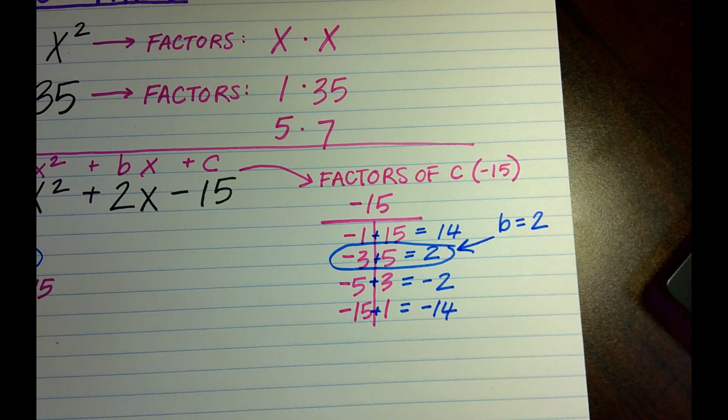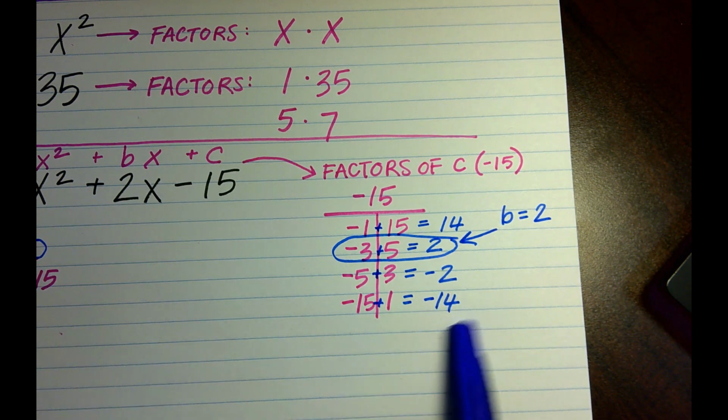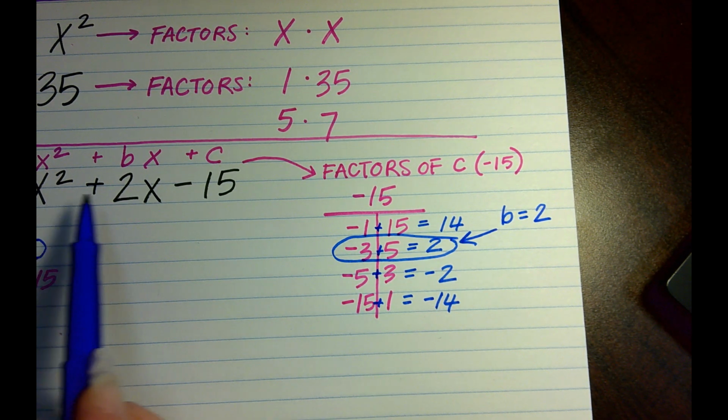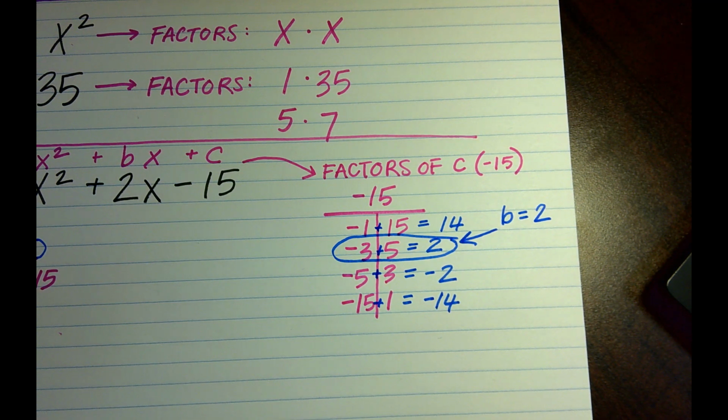And here is what we do next. So this is the hard part of the work. This is the easy part. Whenever we factor a quadratic, as long as you start with the term that's x squared, you're going to end up with 2 parentheses.